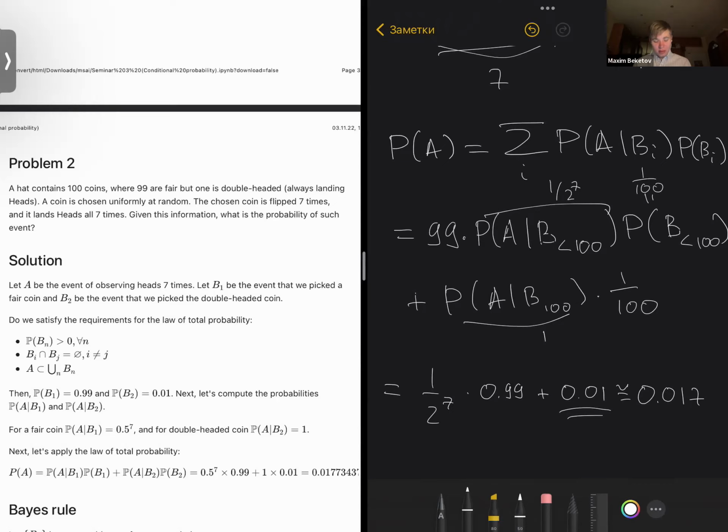It could have quite likely happened because it was some other fair coin that just happened to drop heads 7 times, right? But of course, this probability would decrease with the number of flips. Not the probability, it's the probability of observing 7 heads that would decrease with the number of flips.